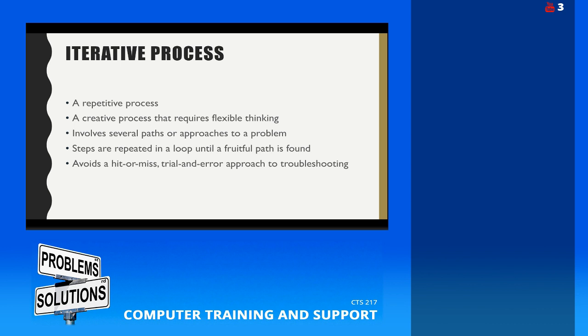Otherwise, if we try a hit or miss or trial and error approach to troubleshooting, we're essentially just wasting our time. Everything should be data-based and information-driven in terms of how we're thinking about solving a problem.